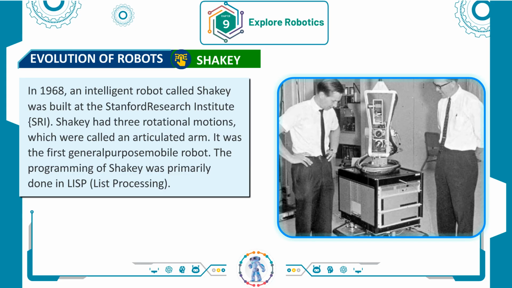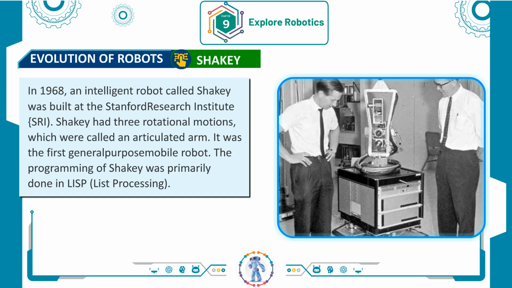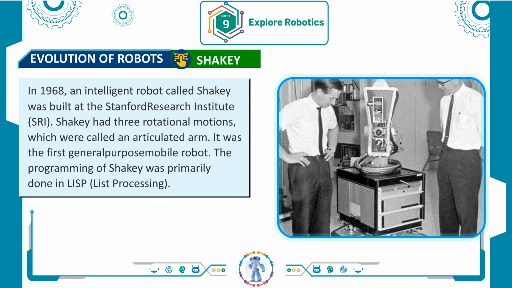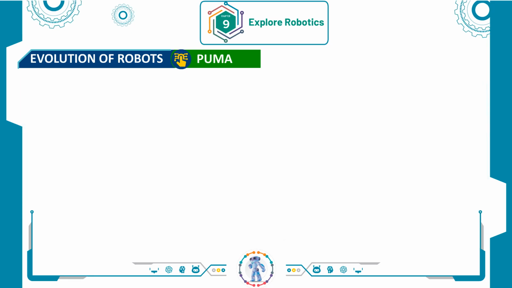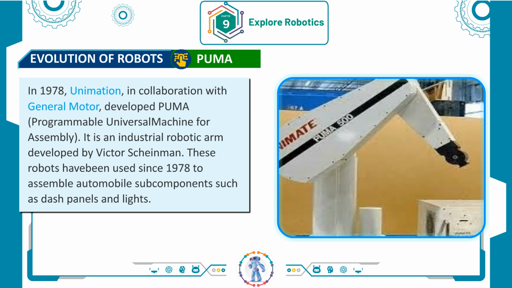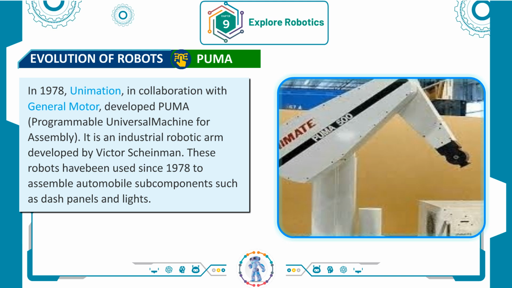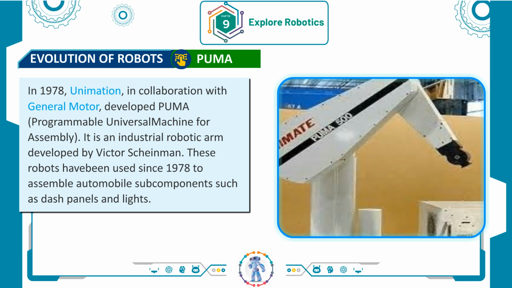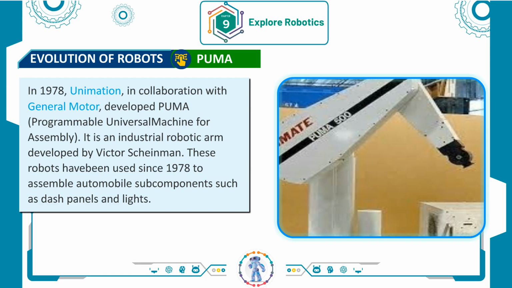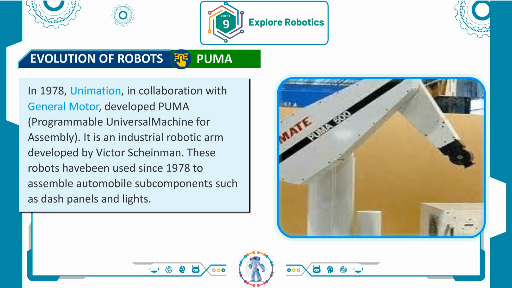It was the first general-purpose mobile robot. The programming of Shakey was primarily done in Lisp. Puma. In 1978, Unimation, in collaboration with General Motors, developed PUMA, Programmable Universal Machine for Assembly. It is an industrial robotic arm developed by Victor Scheinman.